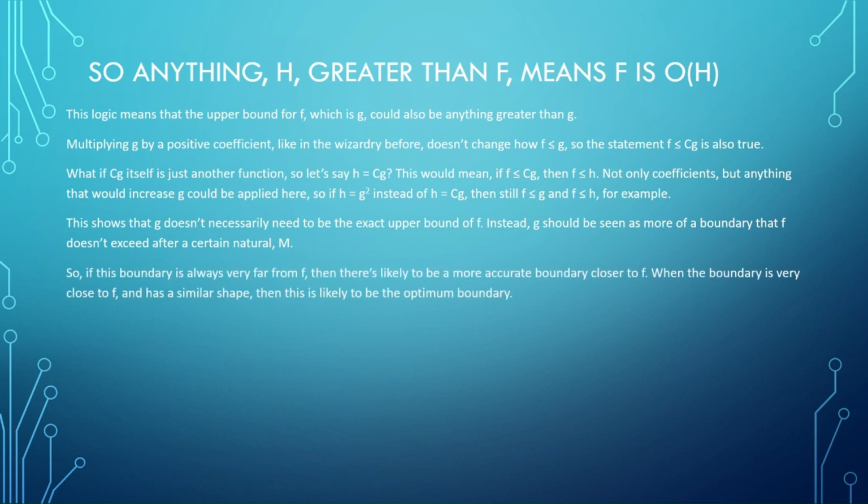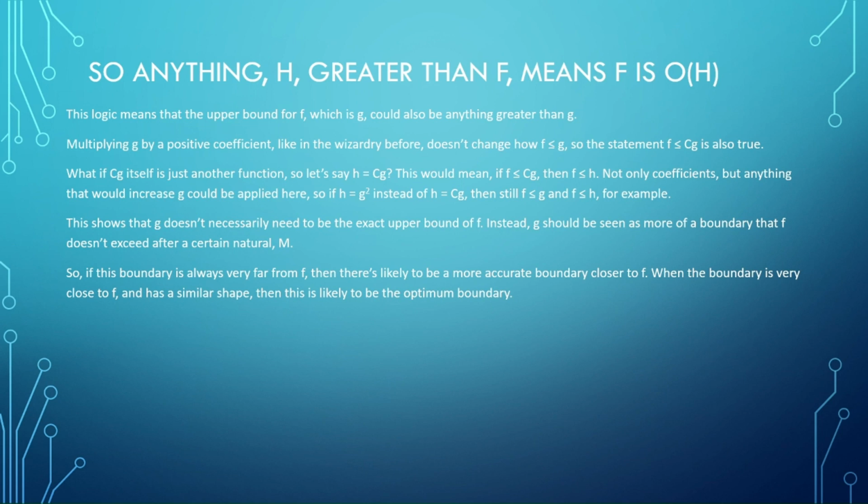So if this boundary is always very far from f, then there's likely to be a more accurate boundary closer to f. So when the boundary is very close to f and it might have a similar shape, then it's likely to be what we call, or what I call, I don't know the official term, the optimum boundary.